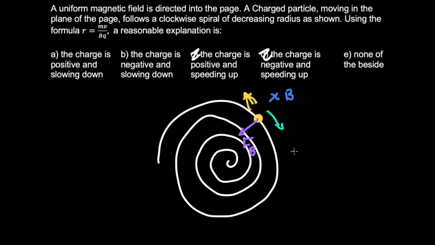Because our thumb and the direction of motion are opposite, this goes back to what I was talking about with electrons, because we're moving in the direction opposite to the motion of positive charge. So that means that our charge must be negative and slowing down. So answer B is correct.